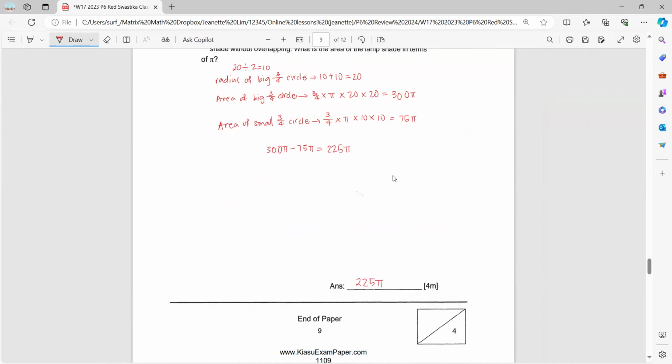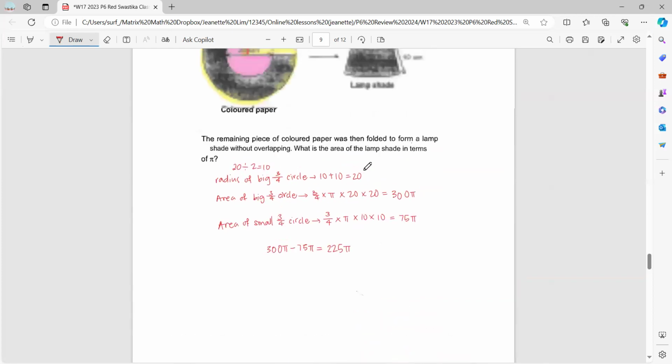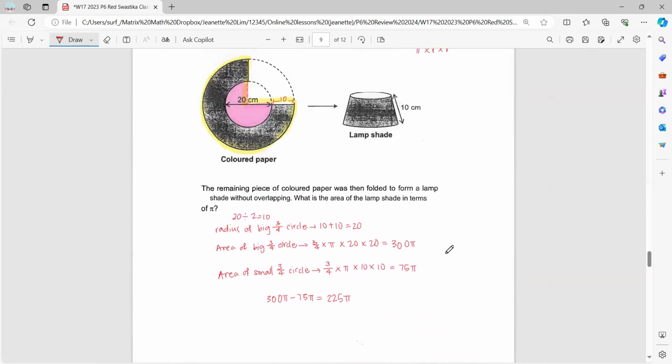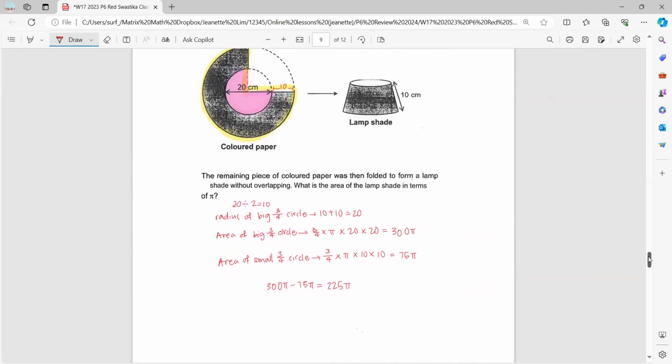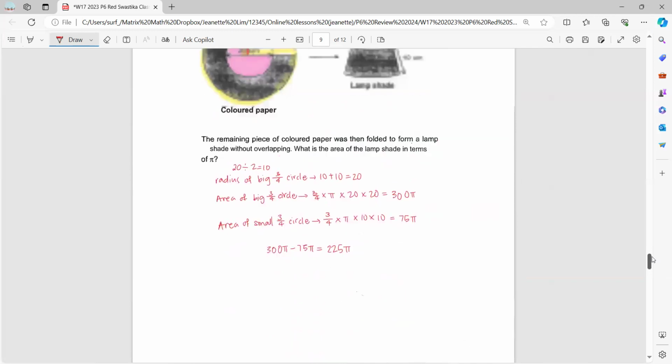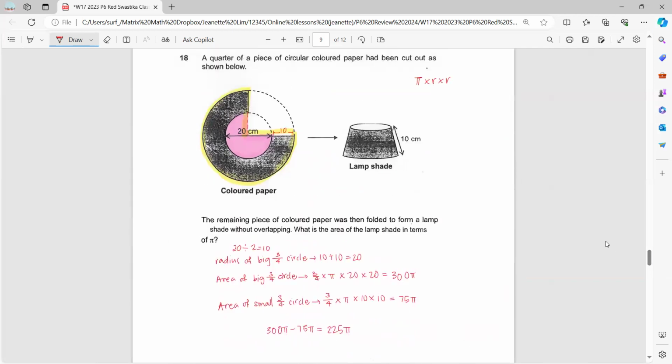Pi is not the units. Units is square cm for this question. So with that, that's the end for Red Swastika 2023 P6. This is class test 2.